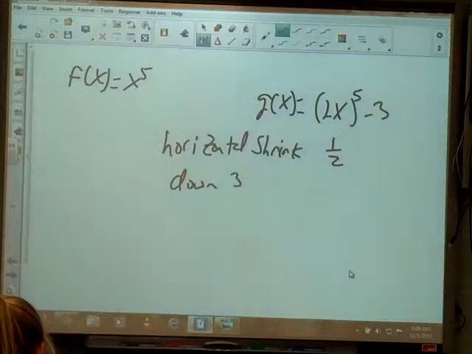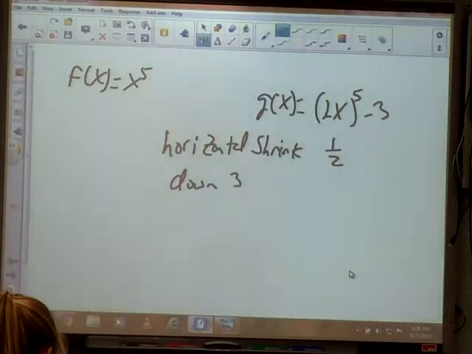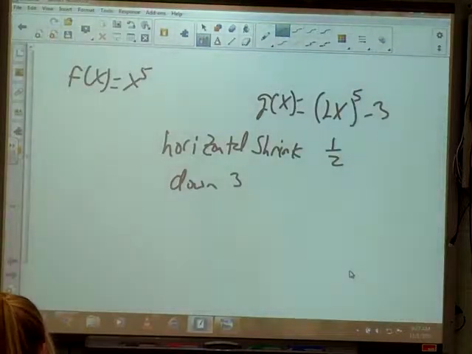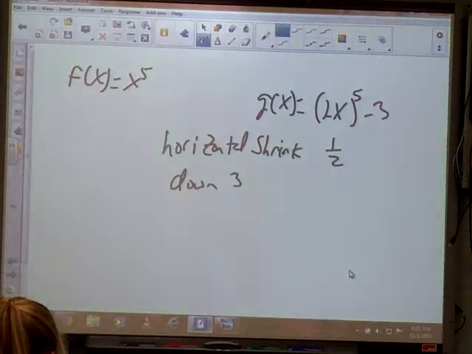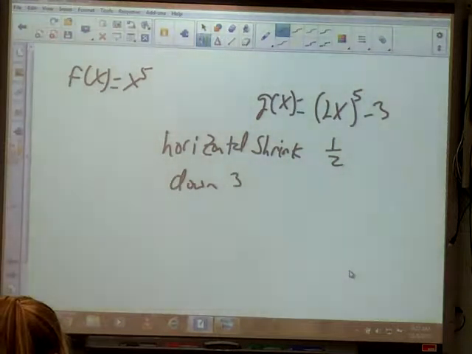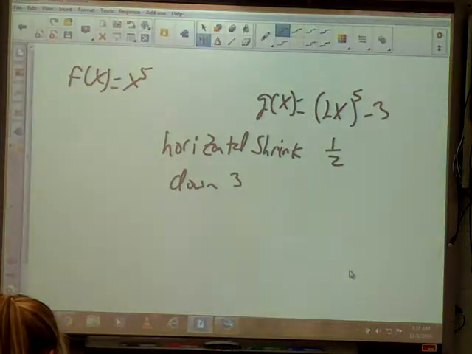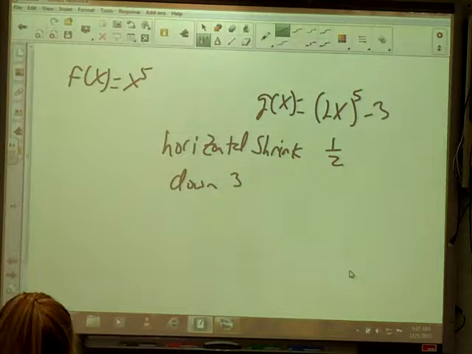And on the horizontal, stretch and shrink both are the reciprocals, right? But on vertical, they both just are what they are. Horizontal, you got to flip it, but on vertical, you don't.